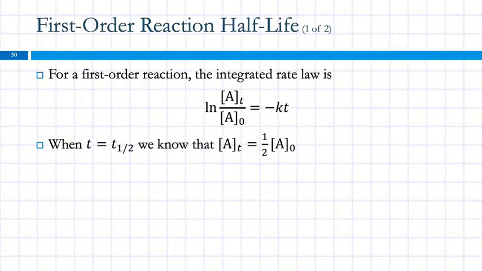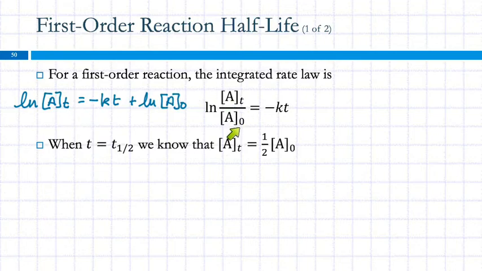So for first-order reaction, we can express the integrated rate law this way. Like, wait, that's not what we were looking at before. Actually, it is. So that's what we were using.